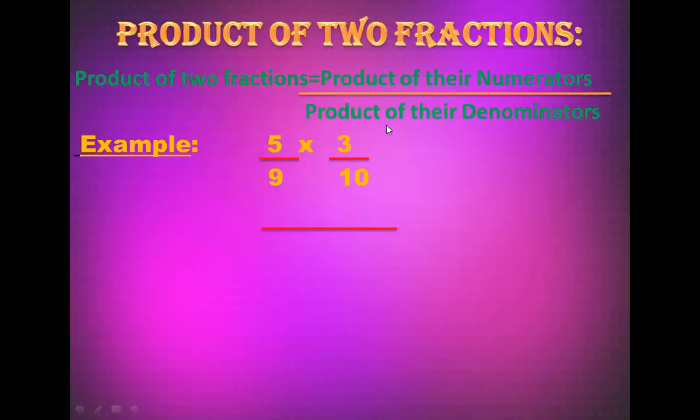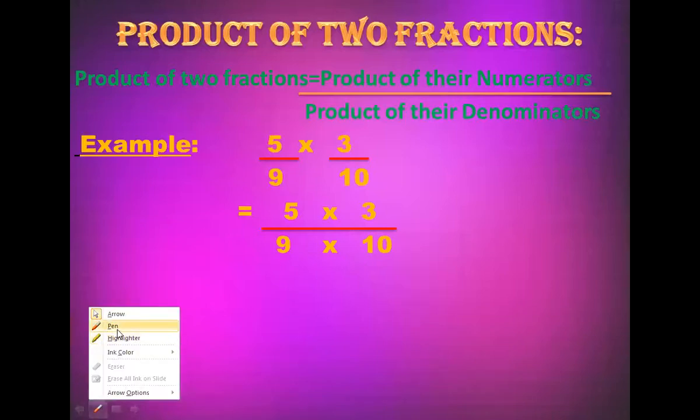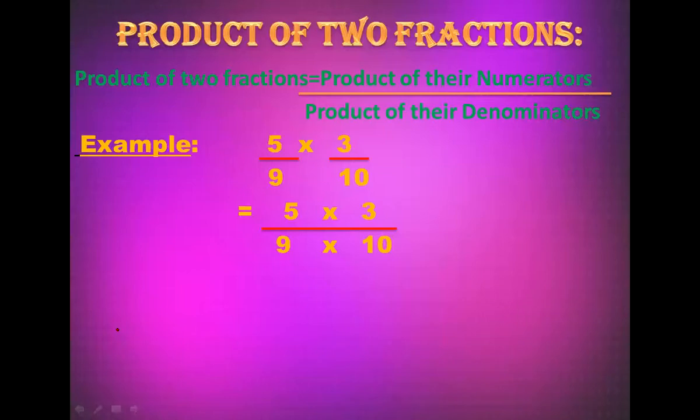How? First you will write the product of their numerators. So you will multiply 5 by 3 and then multiply 9 by 10. But it is very clear you can reduce it. How can you reduce it? 3 into 1 is 3 and 3 into 3 is 9.